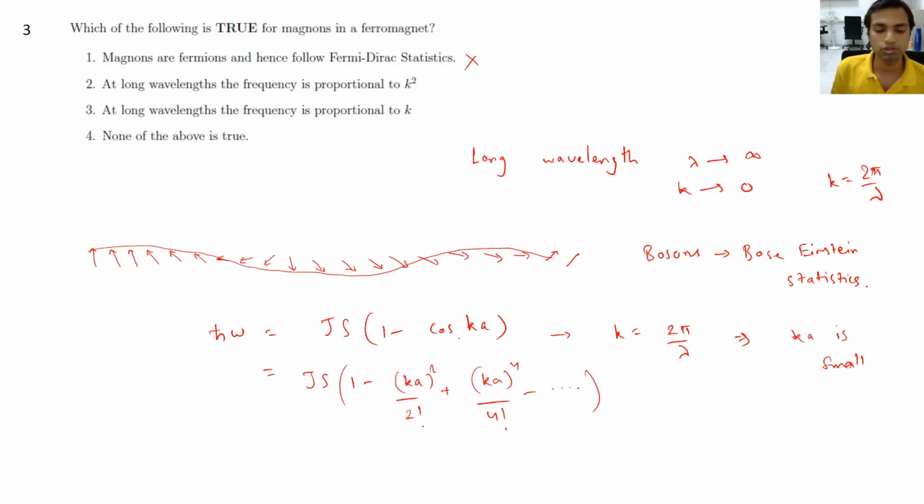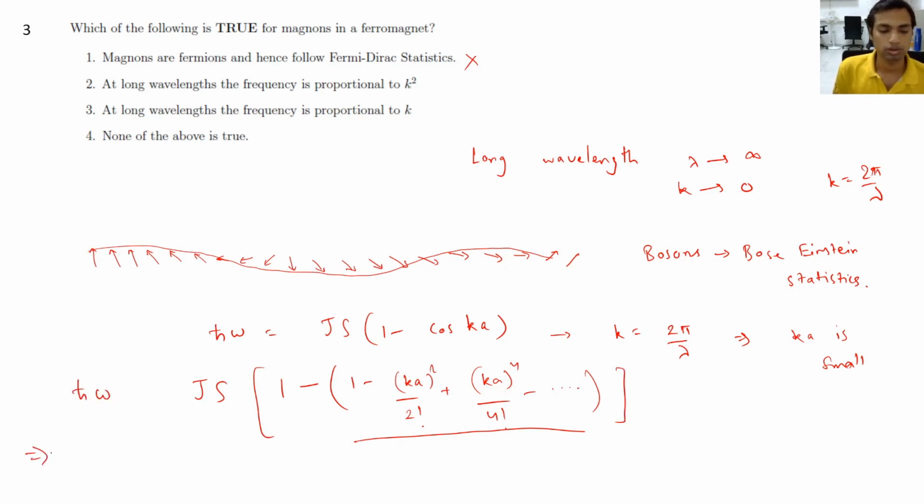This would be the expansion of cos ka, and this is what we have for h bar omega.